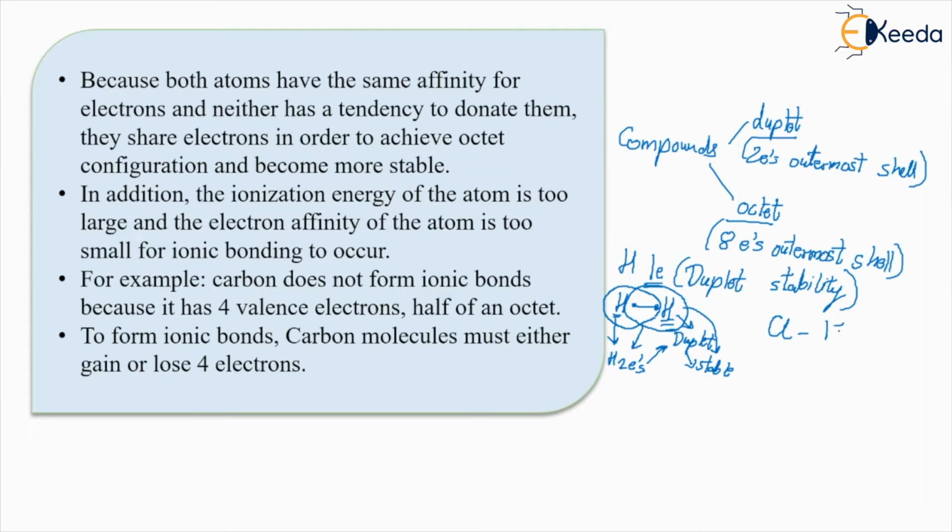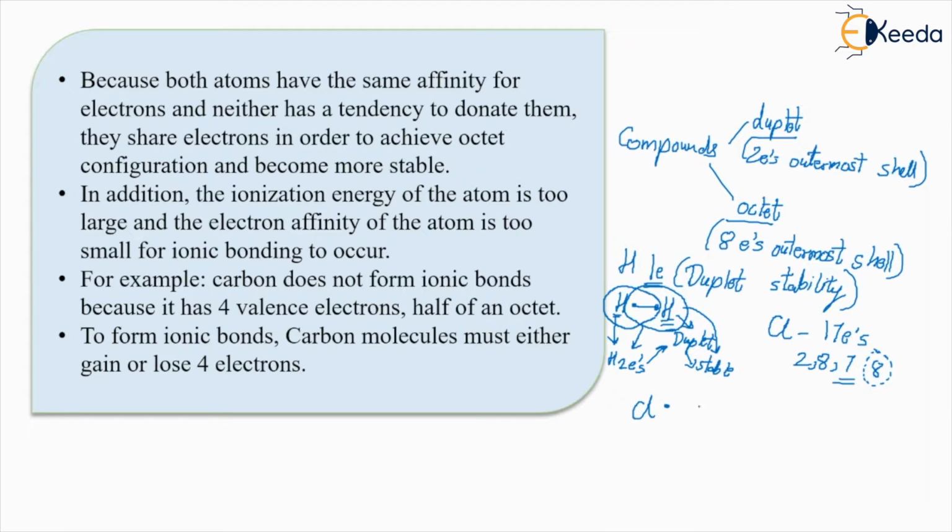Chlorine has 17 electrons. So it becomes 2, 8, 7 as the electronic configuration. The outermost shell has 7 electrons, but chlorine needs 8 electrons in the outermost shell to have a complete octet. So what will chlorine do?